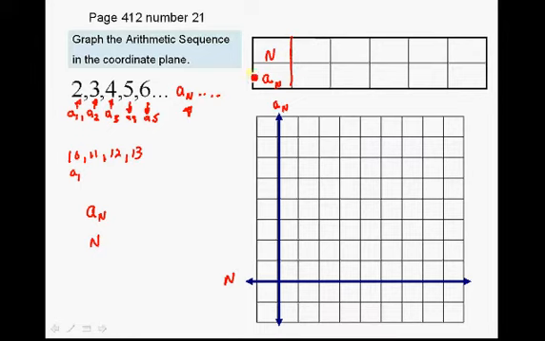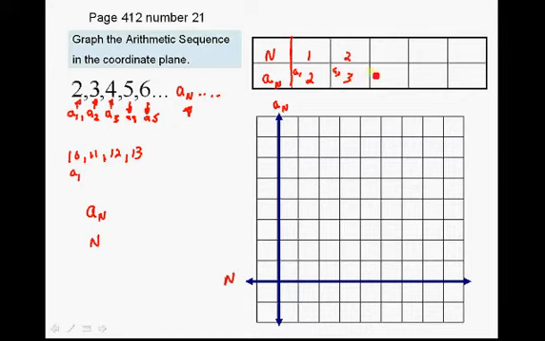So look at this. Here's a 1. It is when n is 1. When n is 1, a sub n is 2, or a sub 1 is 2. When n is 2, a sub 2 is equal to 3.